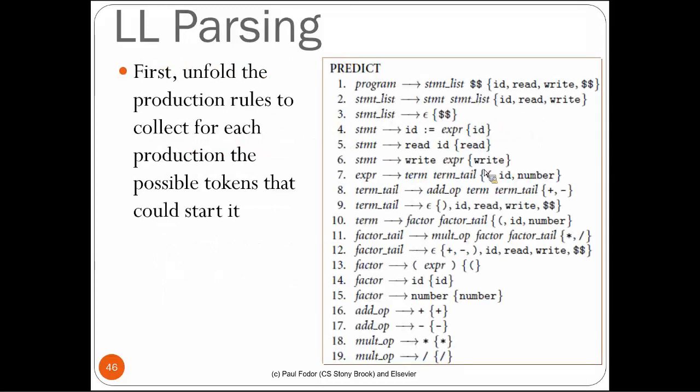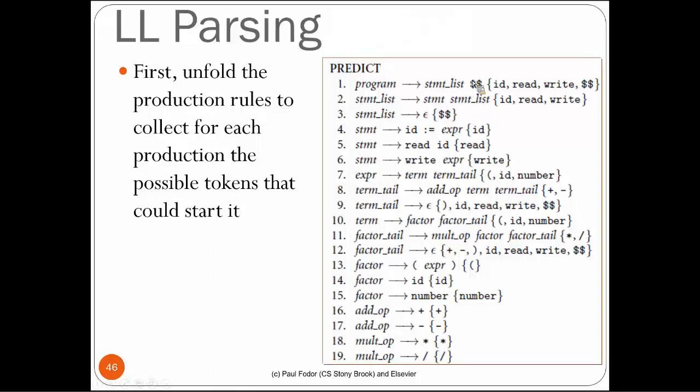So how is LL parsing implemented? First of all, we want to find what are all the possible tokens that can be identified for each production rule. So a program is a statement list. A statement list is a statement followed by a statement list, or is epsilon.